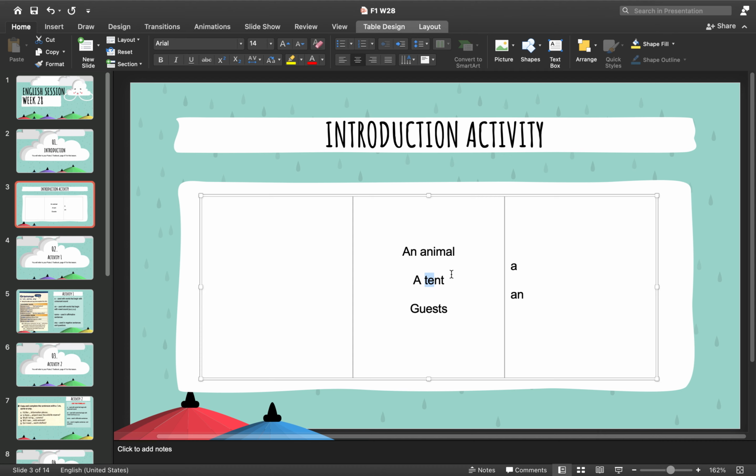Okay? Okay, kalau dengan an ni, dia hanya boleh pakai untuk noun yang singular. A and an can only be used with singular nouns. Okay, it cannot be used for nouns that are plural. And then lastly here we have the word guests.